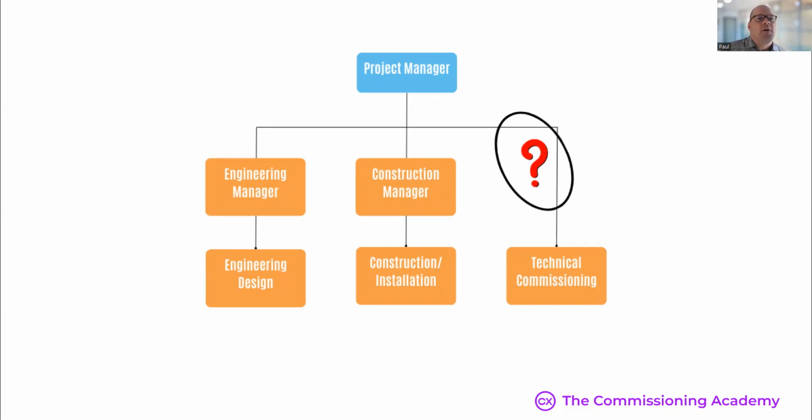So if you want your technical commissioning to go well, then you need a structured process in advance before starting any project. Technical commissioning and commissioning project management, of course, are very closely correlated, and one will determine the success of the other. But with this gap in the industry and this missing commissioning project management function on a lot of projects, it's no wonder that projects are late and over budget.